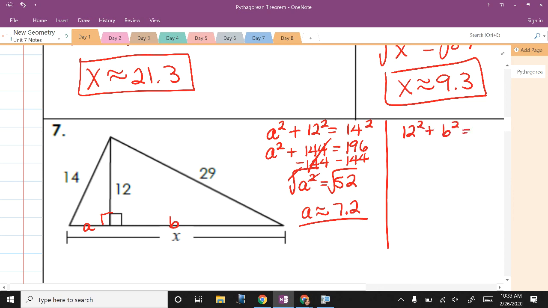Now you could have put the B anywhere. It's just a random variable. You could have made up different variables if you wanted to. Equals 29 squared. Just know it's a leg. 29 is a hypotenuse. So 144 plus B squared equals, what's 29 squared? 841. Now what do I need to do to solve for B?